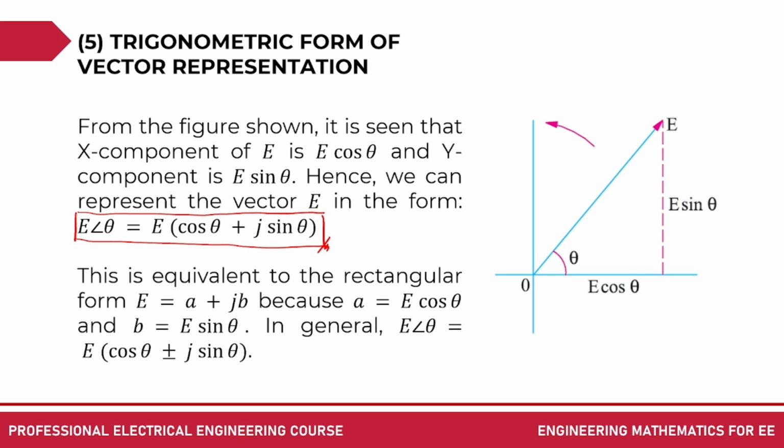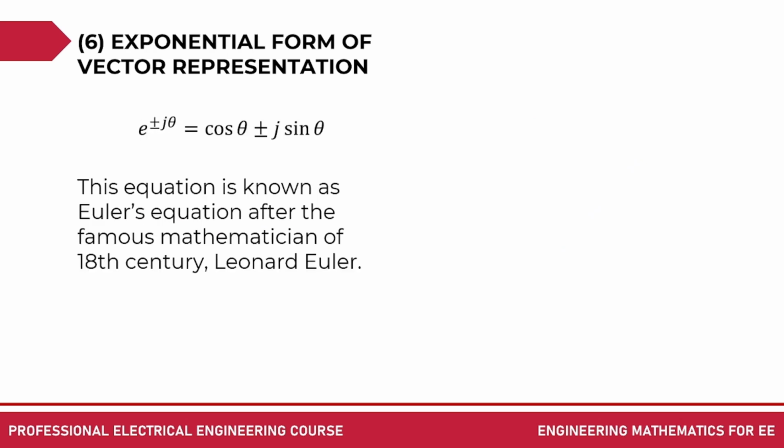However, in the past, they were using the trigonometric form because it's more convenient to express it in this way. They can easily separate the rectangular components from one another. And the exponential: this equation is known as Euler's equation, after the famous mathematician of the 18th century, Leonhard Euler. Now, the real deal for this one is this.